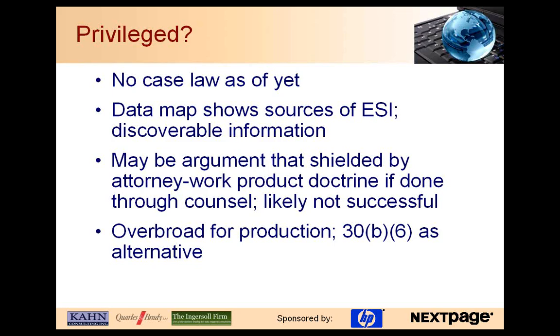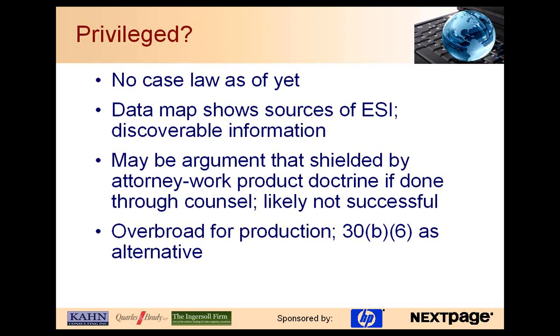You might be able to make an argument that it's shielded by the work product doctrine if you do the map through counsel, and we often engage data mapping consultants like John to conduct the data maps and include them in the outside counsel guide as a fluid program on a records management initiative so that we try to attach as much protection to it as possible.